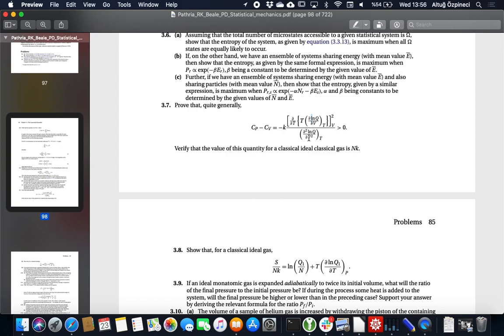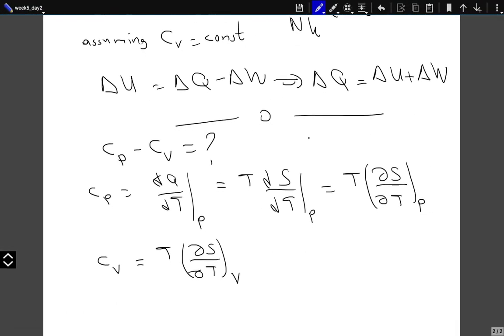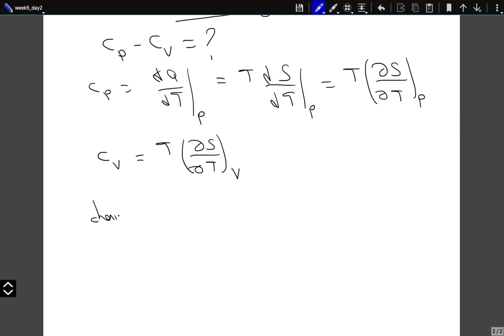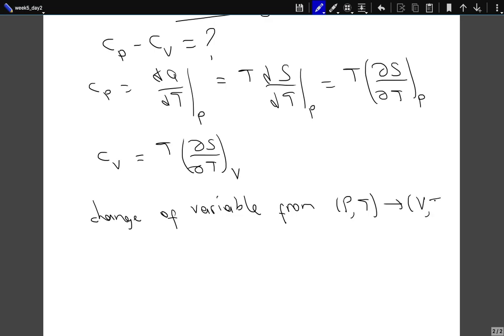So we should make a change of variable from P,T to V,T. Now the question is, how can we do this change of variable?